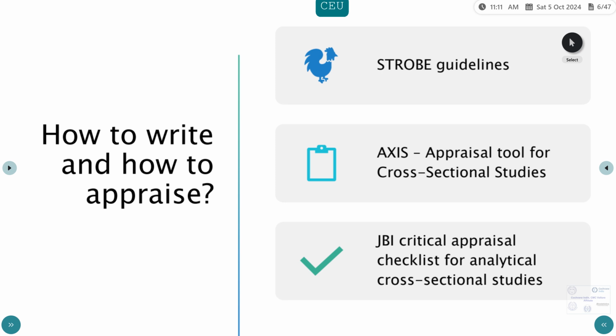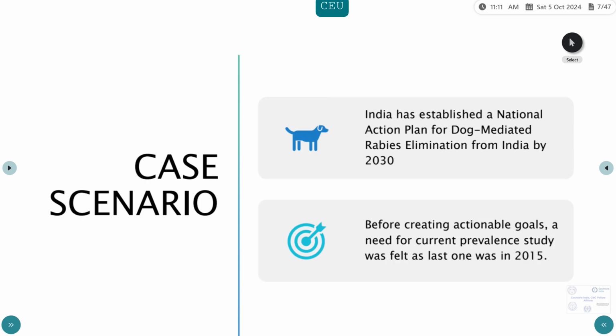It is an appraisal tool for cross-sectional studies, a 20-question checklist which we will go through. There's another shorter questionnaire of 8 questions developed by JBI for analytical cross-sectional studies. That was mostly developed to see whether you can include certain cross-sectional studies in a systematic review or not. So it's a shorter, more compressed version of the similar AXIS tool.